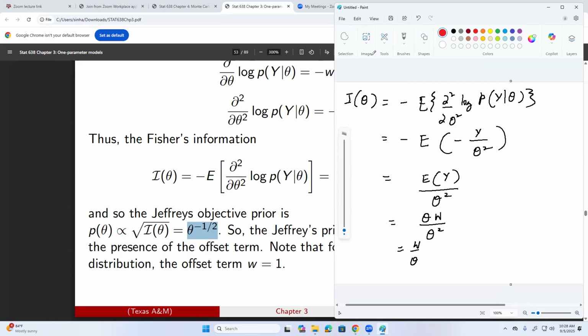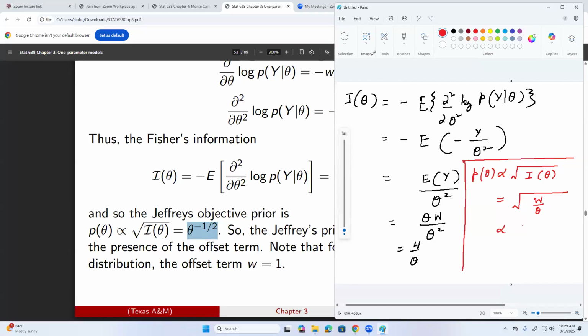Next, the prior distribution P theta is proportional to, right?